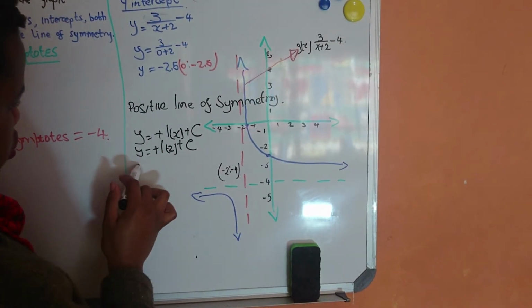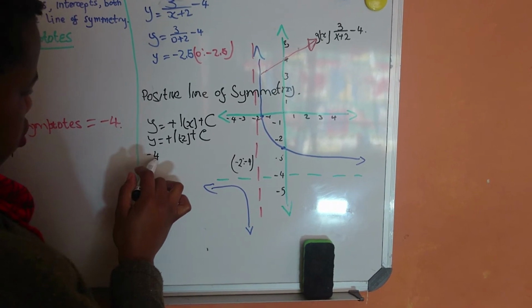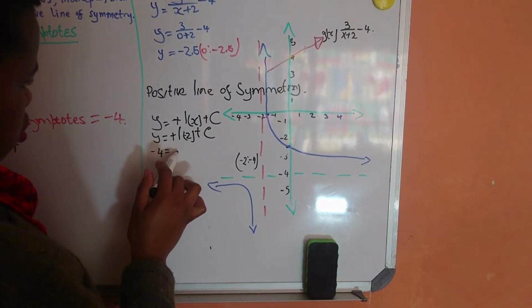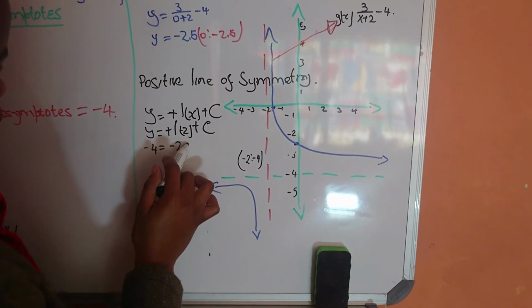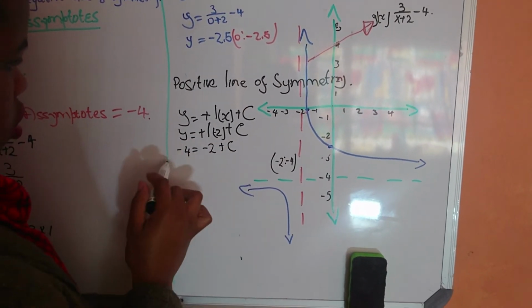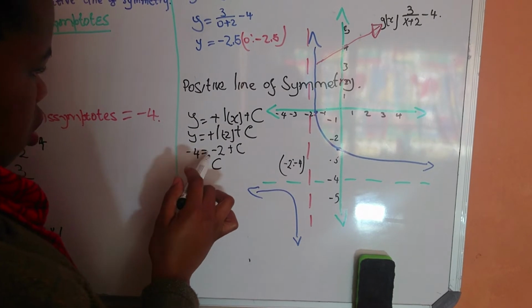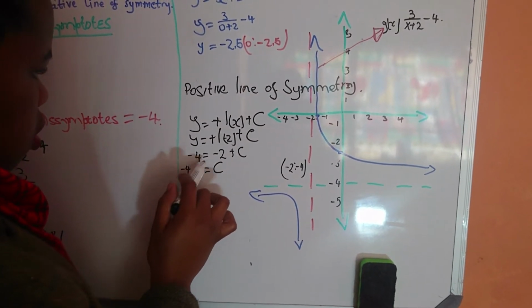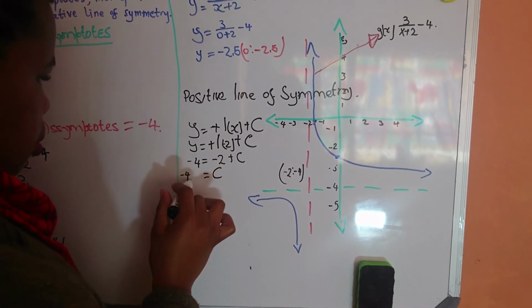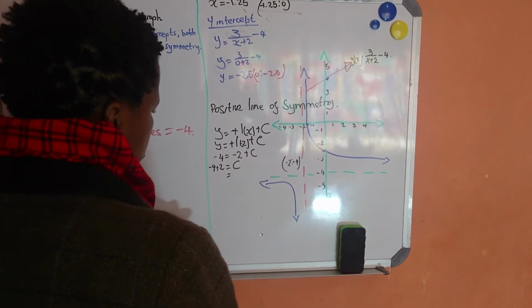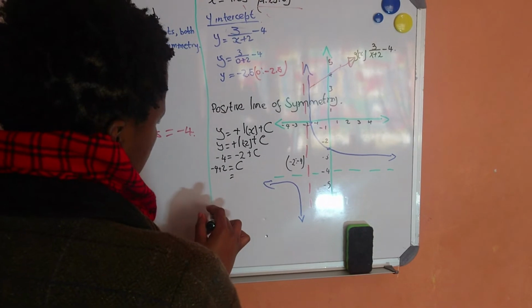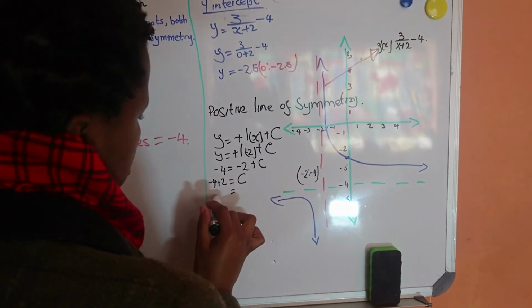So u-y wethu ngu-negative 4 and negative 2 plus c. So negative 4. Thatha u-2 ndiyimise ngapha kwi-left. Plus 2. So izawuba ngu-6, negative 6.